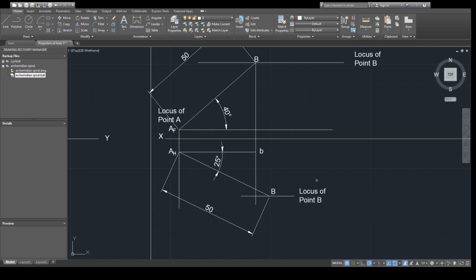Now in the second case, we have drawn the line AHB having 50 mm length and inclination 25 degree. What will be its front view? Front view is apparent view. So we will extend the projection from this point, which will cut the locus of point B somewhere here, and we have obtained a point small b.